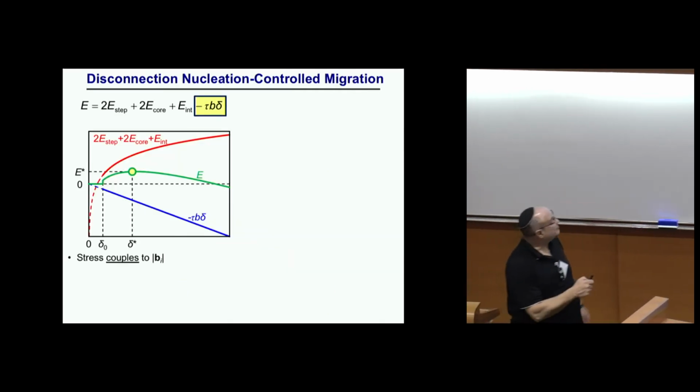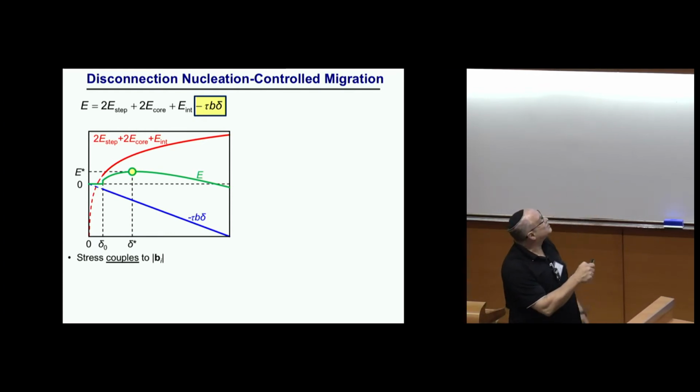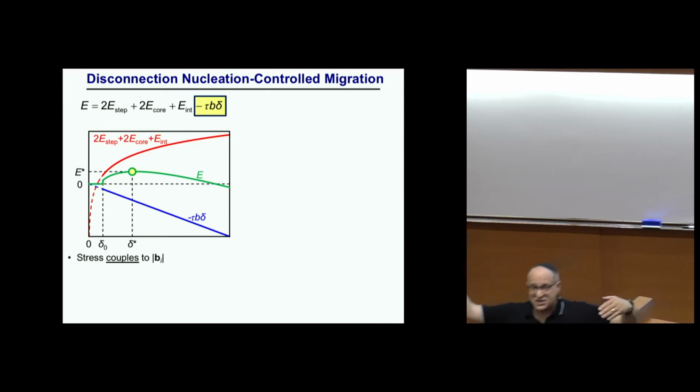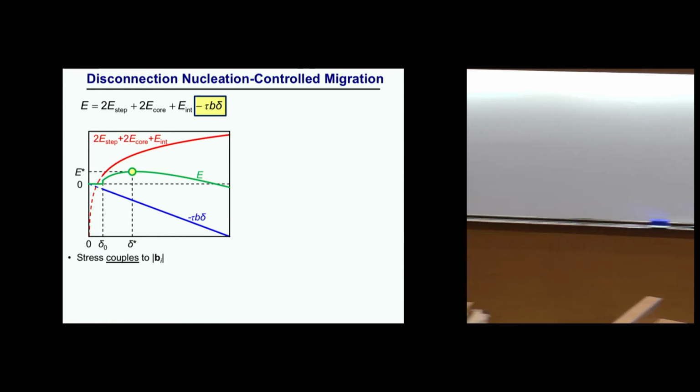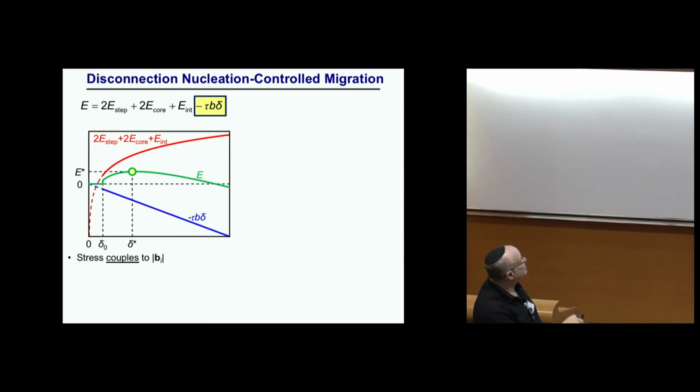Now, if I apply a stress, tau, that stress couples to the Burgers vector, because the Burgers vectors represent a strain, and the stress and those strains are conjugate to each other. So now if I look at the energy as a function of stress as I separate the two disconnections, this part here goes up like that.